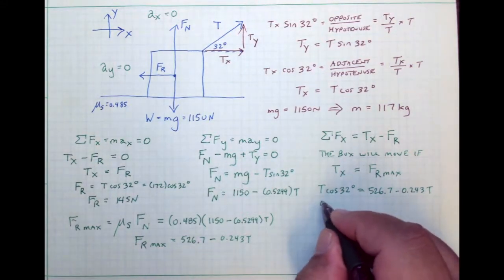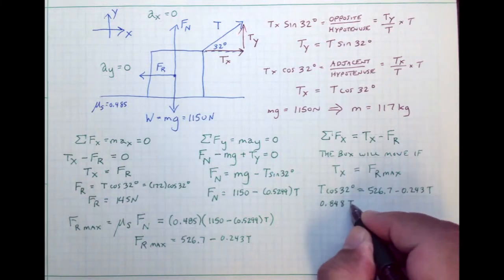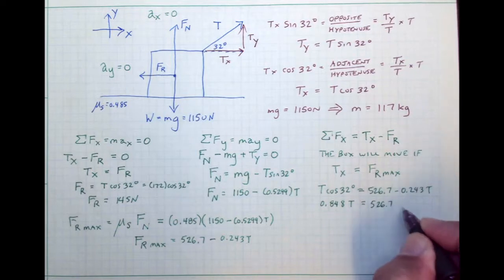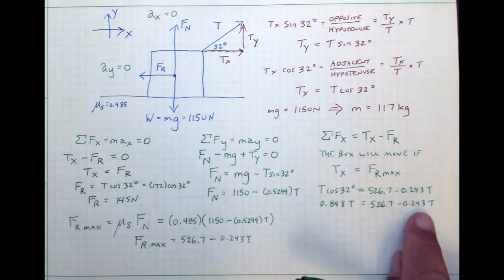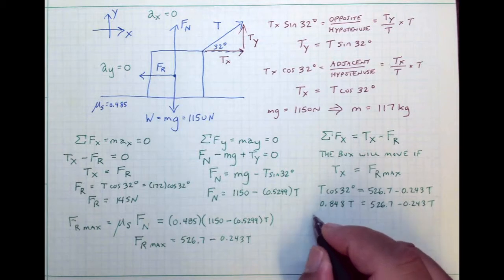The cosine of 32 is 0.848, so that goes on that side of the equation. We'll leave this side unchanged for now. But now we're going to take this, bring it over here, where it becomes positive.